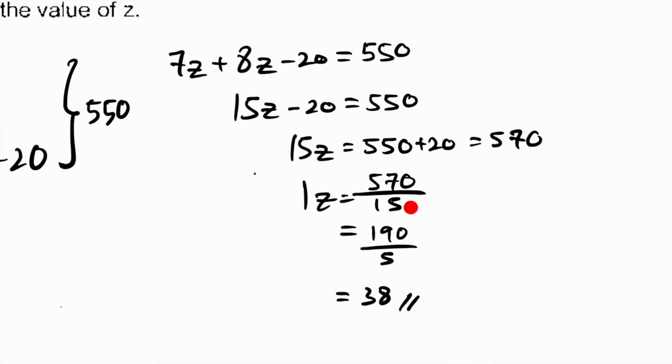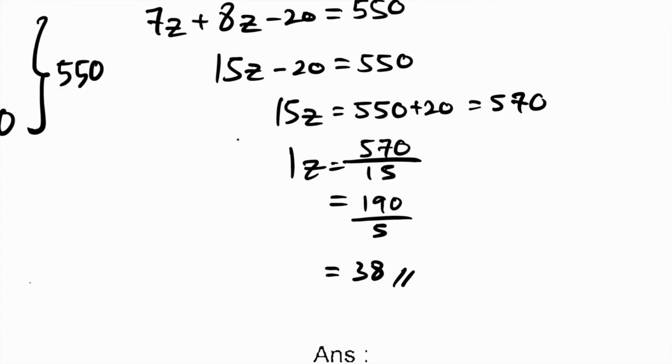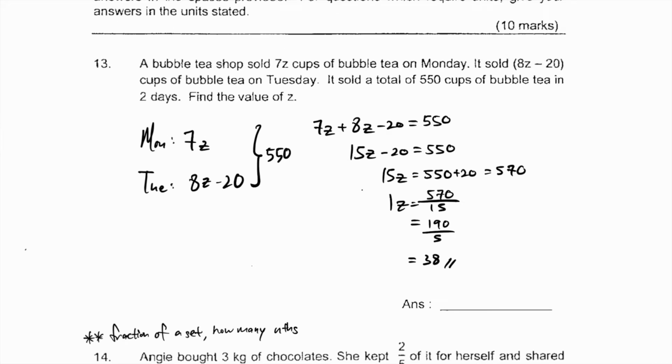Next, divide by 15. What I did was to divide by 3 first to simplify this. You can obviously use long division, but I like to do this. Divide by 3 first, and then what was 150 divided by 5? That's 30. And then what's 40 divided by 5? That's 8. Of course, if you don't know what I'm talking about, use long division.